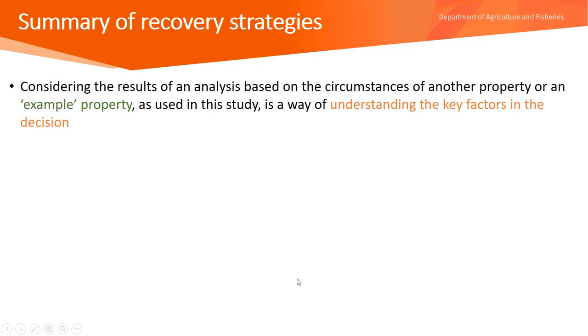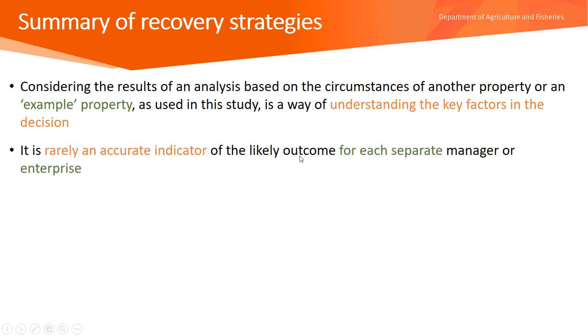Considering the results of this sort of analysis, well, look, there's problems. Considering the results of an analysis based on another property or on this sort of example property is just a way of understanding the key factors of the decision. It's rarely an accurate indicator for what's going to be the outcome for each separate manager or beef property.